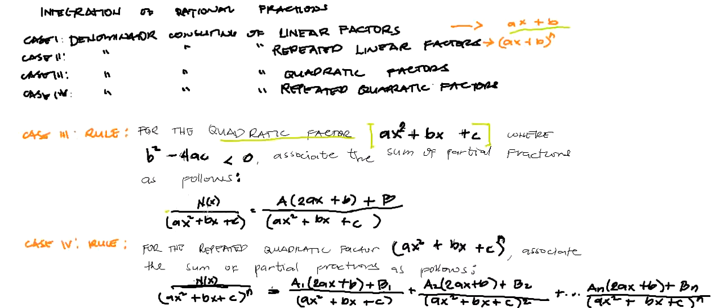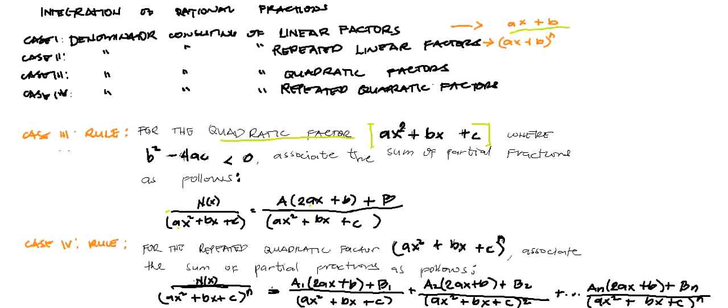So this is our formula. If we have some n of x, or some function of x, for our numerator all over the quadratic factor at the denominator, then the equivalent partial fraction is in terms of A, which is a constant, multiplied by 2ax plus b, where a and b are the constants in our quadratic factor, and then plus another constant B to be determined.